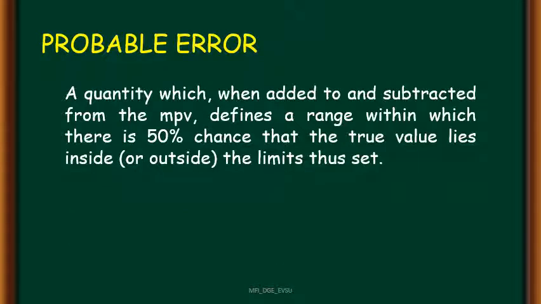When we say probable error, it is a quantity which, when added or subtracted from the most probable value, defines a range within which there is a 50% chance that the true value lies inside or either outside the limit. So, medyo confusing yung definition niya. So, we can have an illustration.